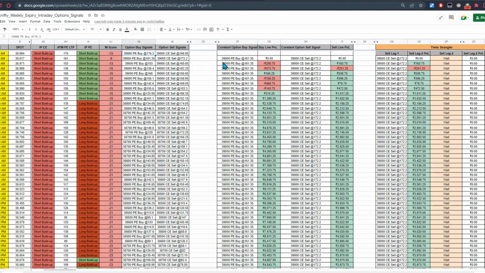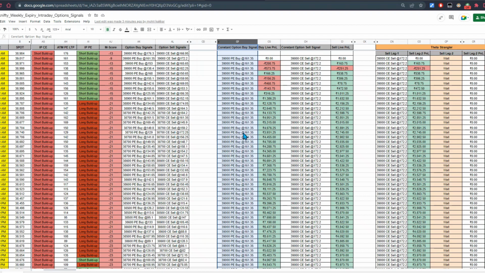So we wait for a while, and then here we start with the PE buy. On the column AK, you see the PE buy signals. The strike price keeps on changing as per the market moves, whereas on this column CF, you see a constant signal that we first generated. Otherwise, this will remain the same till there is a new signal generated.